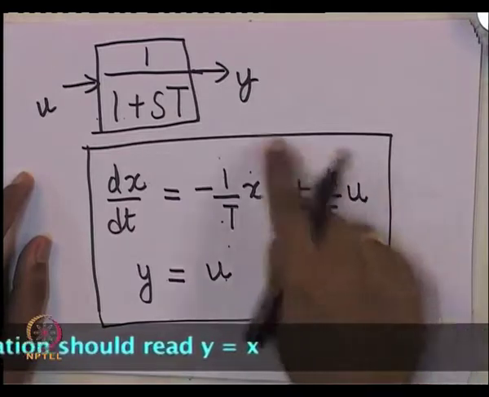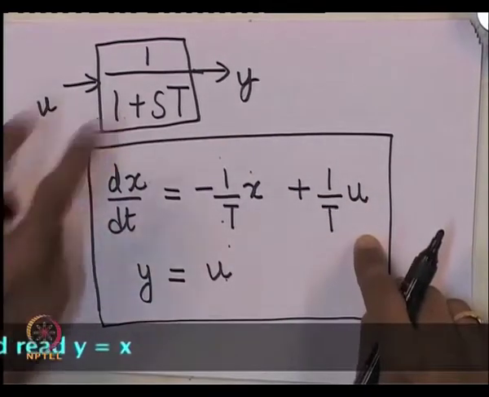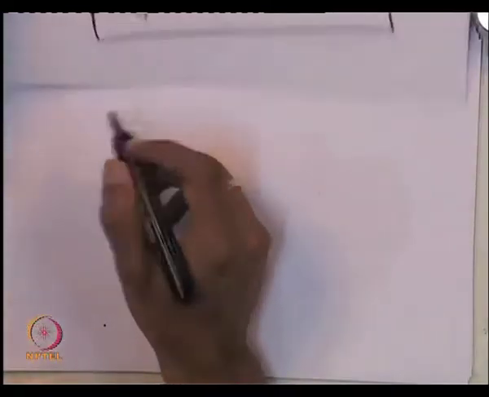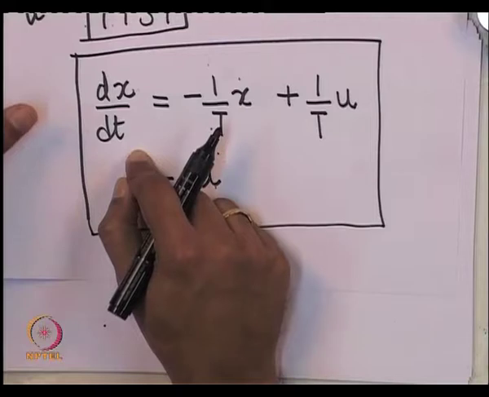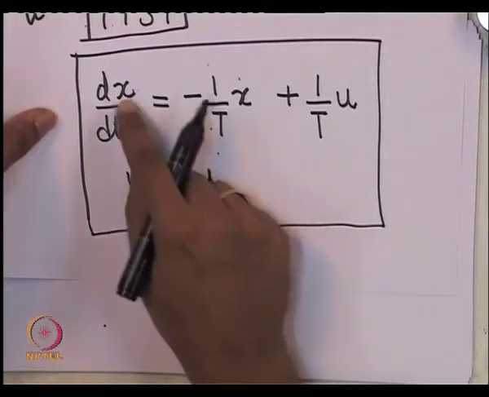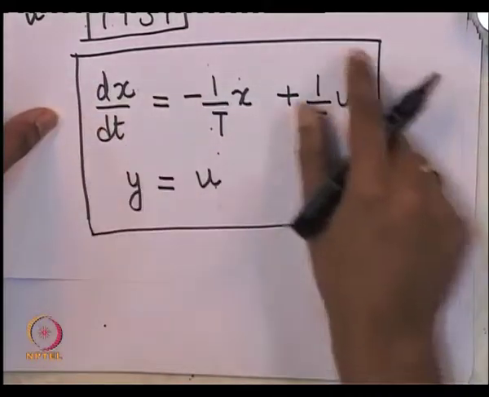Okay. Why does this mean this? It is not very difficult to see. Suppose I replace dx by dt here by its appropriate Laplace transform value.